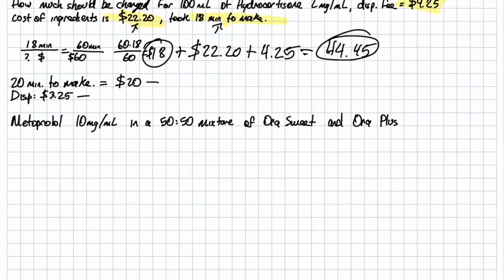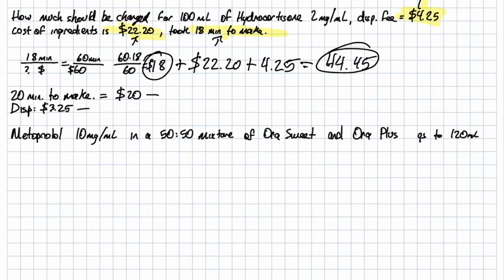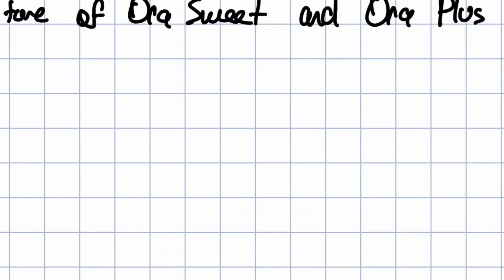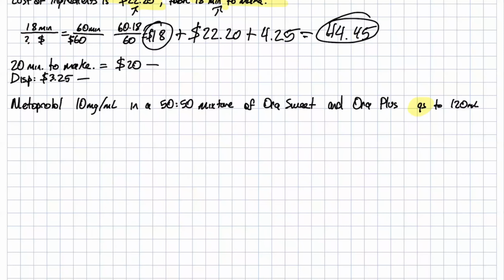Okay, 50-50 mixture of Ora-Sweet, Ora-Plus, and then it says to QS to 120 mils. Okay. Don't let QS confuse you. It's going to make more sense next semester, I promise. But QS means quantity sufficient. So basically, like I told someone in class, it's kind of like when you are at the soda machine and you're getting a Coke.